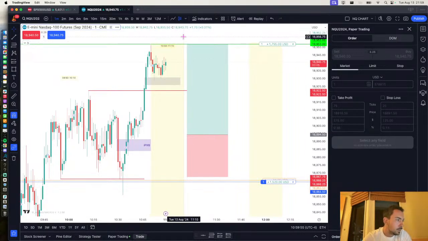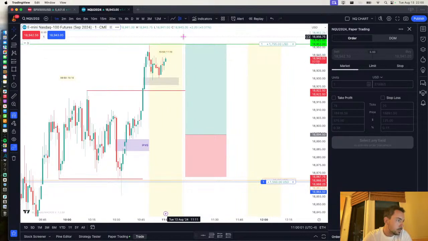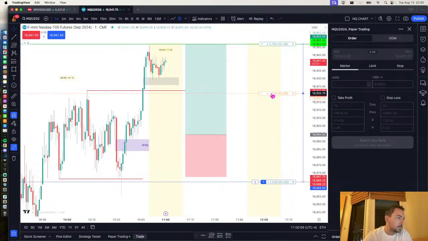But let's see. If this was a real account, I would be moving my stop right here. I don't want to see us come back down into the fair value gap. But because this is a paper trade, I will just let it run, just for the sake of the target hitting.